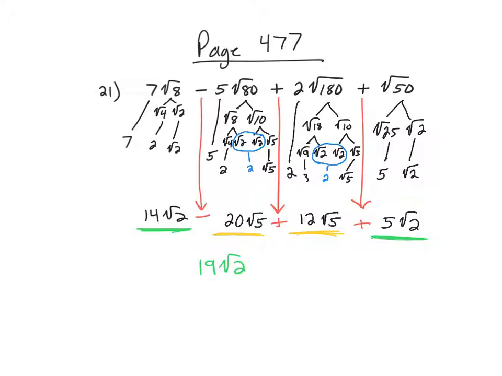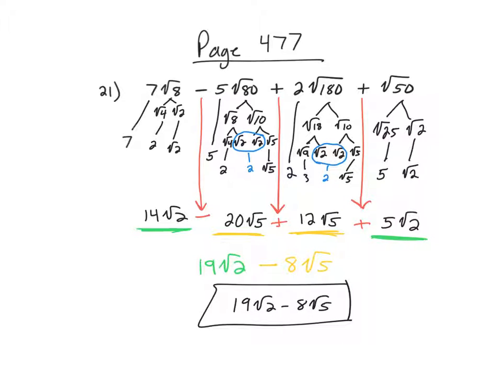And then when I combine the negative 20 radical 5 with the positive 12 radical 5, I get a negative 8 radical 5. So my answer is 19 radical 2 minus 8 radical 5. You cannot combine those because they are not like radicals.